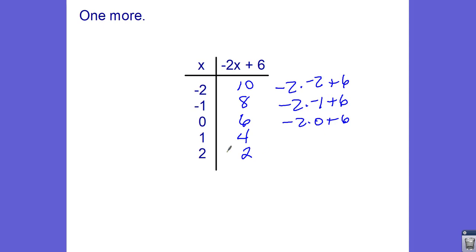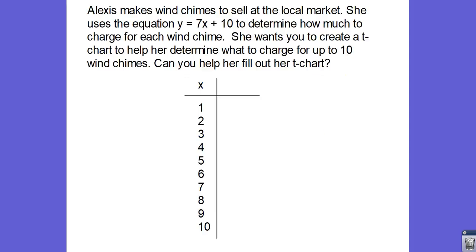Now, do you think we could ever use this kind of information in the real world? Well, let's see. Here's an example. It says Alexis makes wind chimes to sell at a local market. She uses the equation y equals 7x plus 10 to determine how much to charge for each wind chime. She wants to create a T-chart to help her determine what to charge for up to 10 wind chimes.